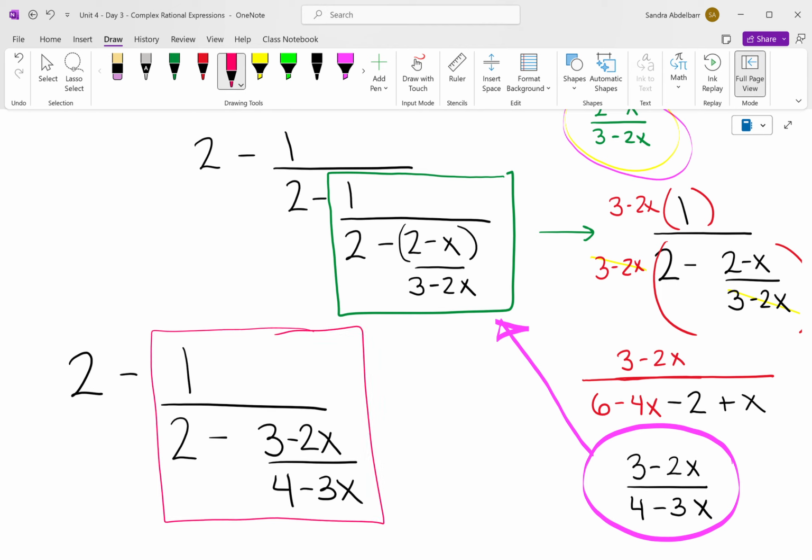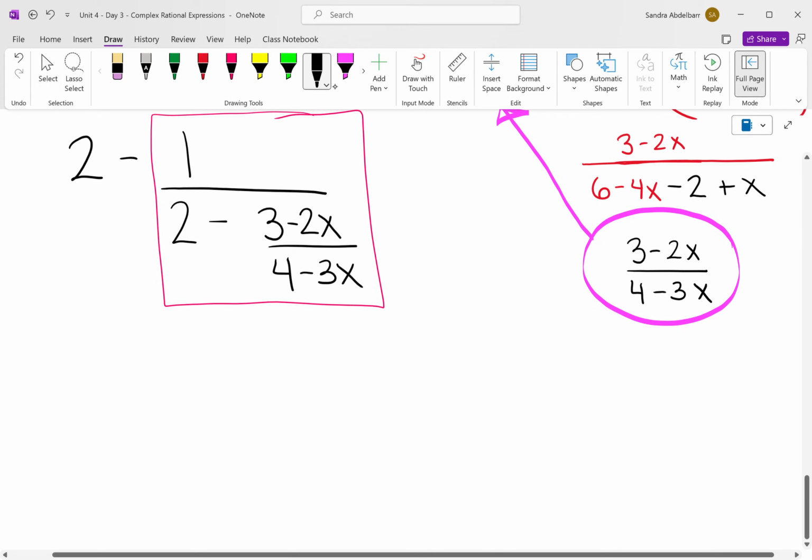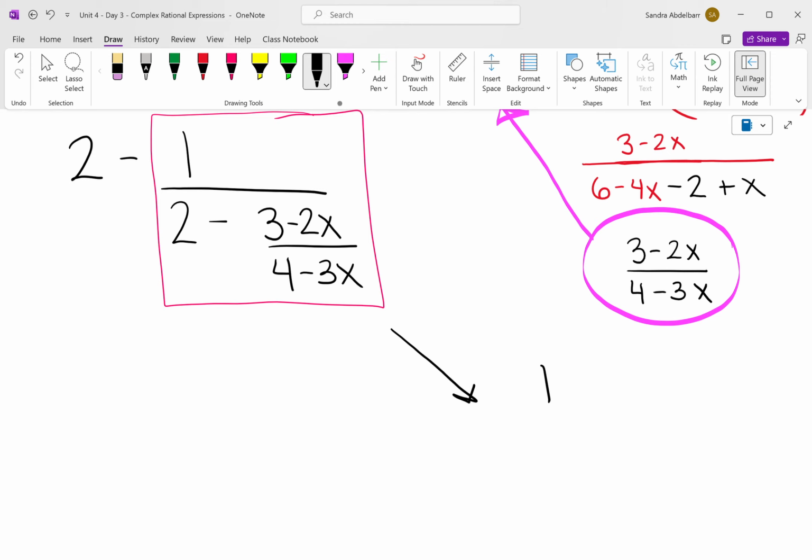What am I going to do now? Take this box. So we have 1 over 2 minus 3 minus 2x over 4 minus 3x.